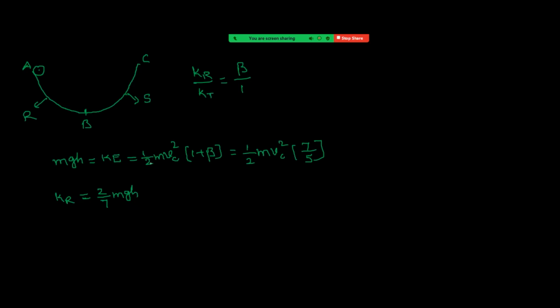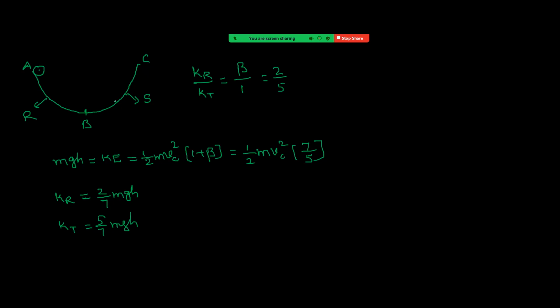Half m vcm square into 1 translation, half m vcm square into beta rotation. So beta by 1. Beta value 2 by 5, right? So here out of 2 plus 5, 7 parts, 2 parts will be rotation, 5 parts will be translation. Okay. So because of translation, it is 5 upon 7 mgh.